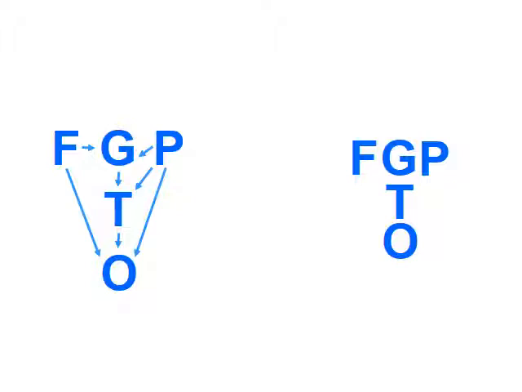We've got F for fat prep, G for glycolysis, P for protein prep, T for transition, and O for oxidation. So we have all the potential pathways on the left side of the screen here. We have glycerol coming out of the triglyceride, going to go in through glycolysis, transition, oxidation.